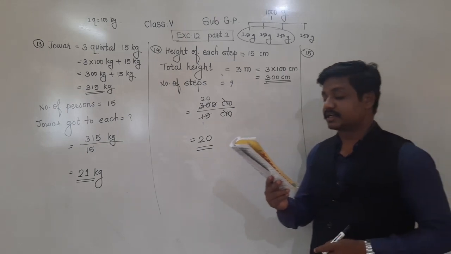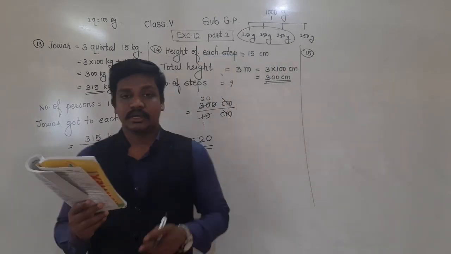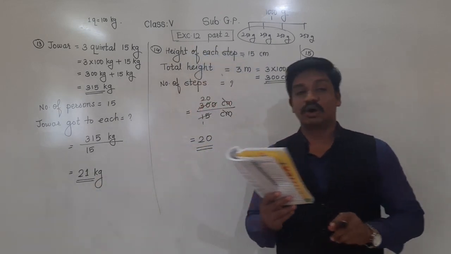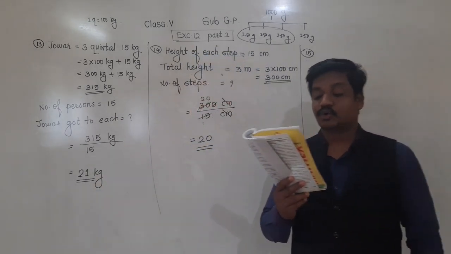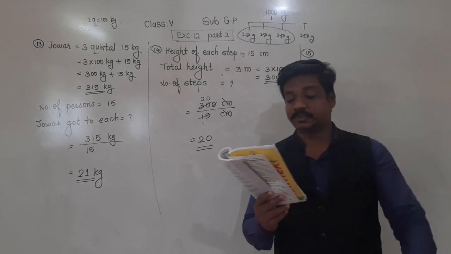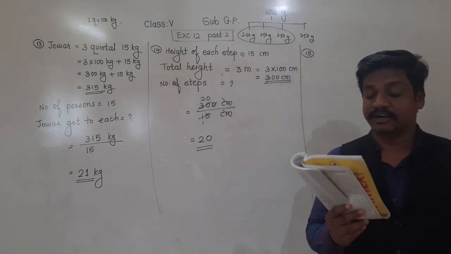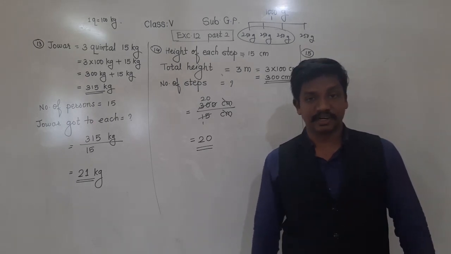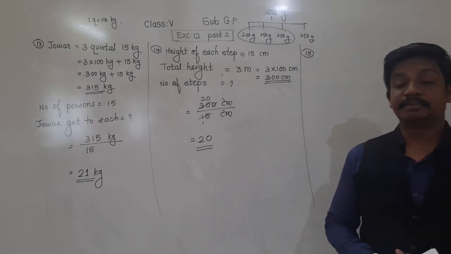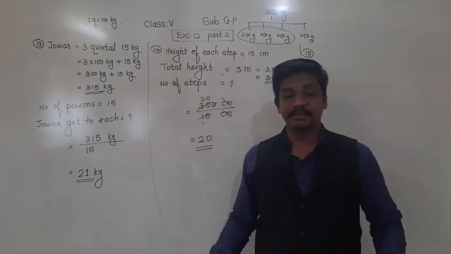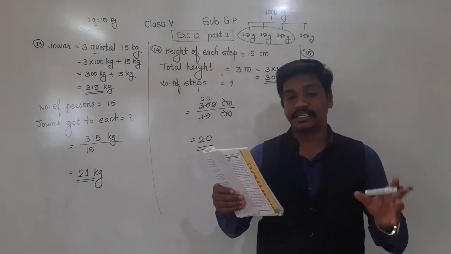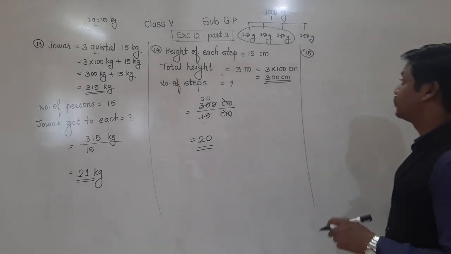Now see next problem number 15. Sugar from 3 gunny bags, each weighing 105 kg, was packed into small bags weighing 450 gram each. How many bags were required? 3 gunny bags means 3 big bags, large size bags of sugar, each weighing 105 kg.